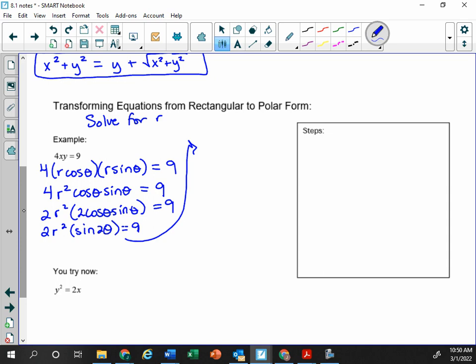All right. I said solve for r, so we still have to do that piece. How do I get the r squared by itself? Yeah, I'm dividing by that 2 and the sine of 2 theta. So it is not going to be a pretty answer, guys. We've got r squared equals 9 over 2 sine of 2 theta.